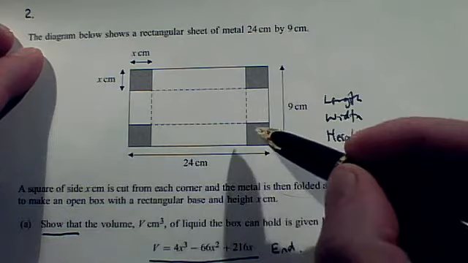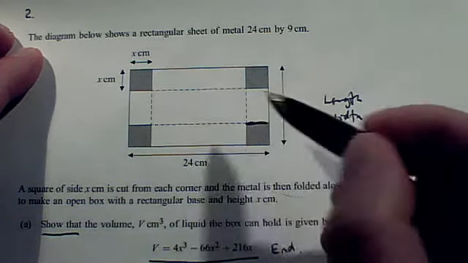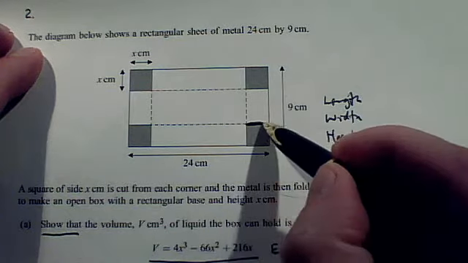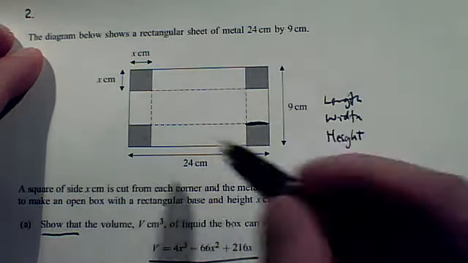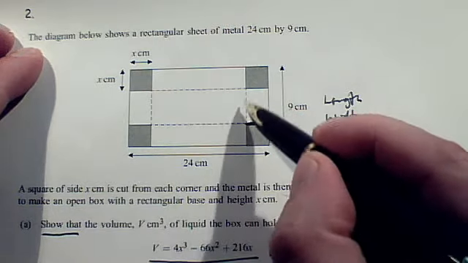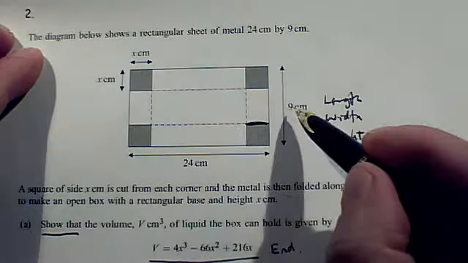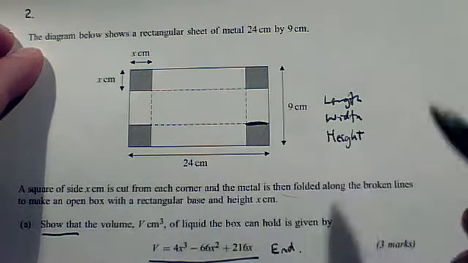But you should be able to see that when these bits are folded up, it's this kind of length that will be the vertical measurement, the height, which is easy to write down in terms of x, and then the length and the width of the final box will be the lengths of these dotted lines here, which once again you can express using the 9 and the 24 and x.